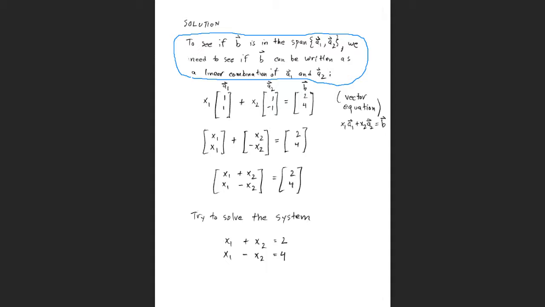That's fine. But look, how do we take this definition that B is in the span of the set of vectors A1 and A2?